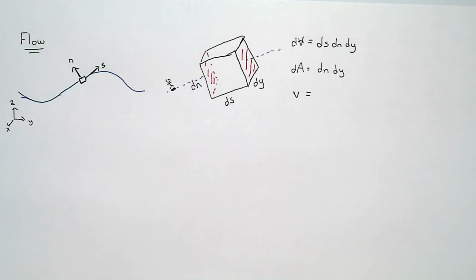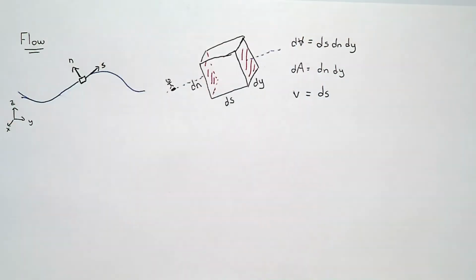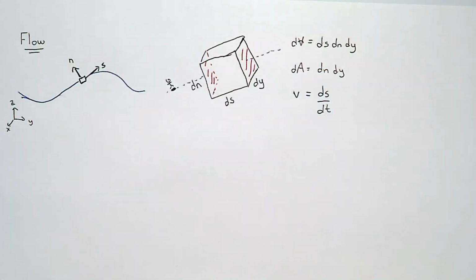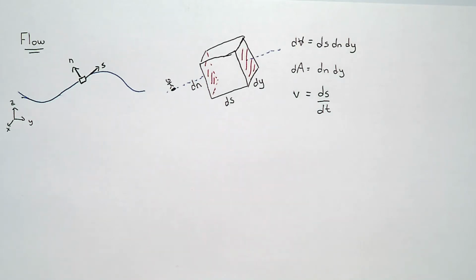Then I can define the velocity simply as a change in distance along the streamline with respect to time. Does this make sense? Velocity equals ds over dt, because the fluid moves a distance of ds over a period of time dt. Okay? Good. So we have these 3 definitions for our little control volume.